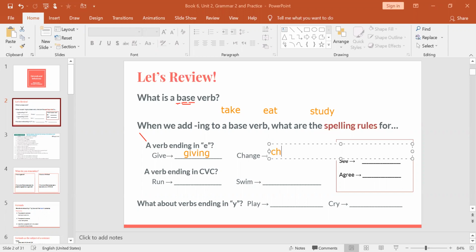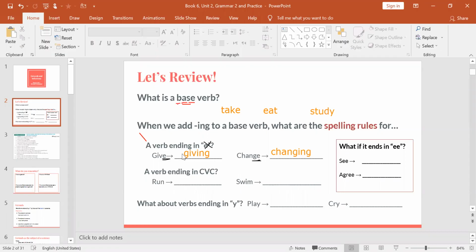Yes, change becomes changing, but there's a difference in the spelling. What's missing is the E. So the verbs that typically end in E, we drop the E and then we add ing.